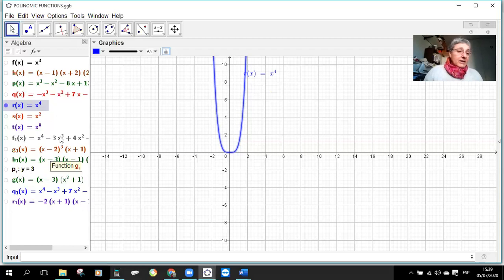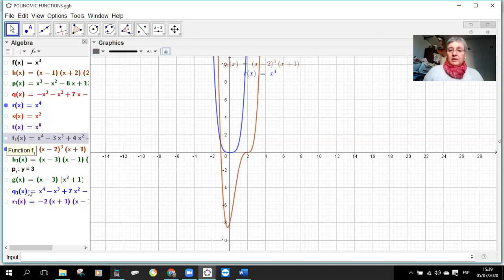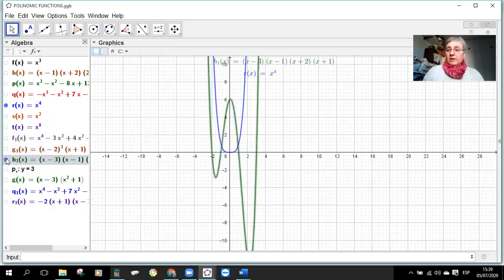And we also have this shape for the quartic. It's weird. Or this shape for the quartic. And I now have another one. This shape for the quartic. Okay? All those are quartic functions, and it's the same idea as the previous ones.